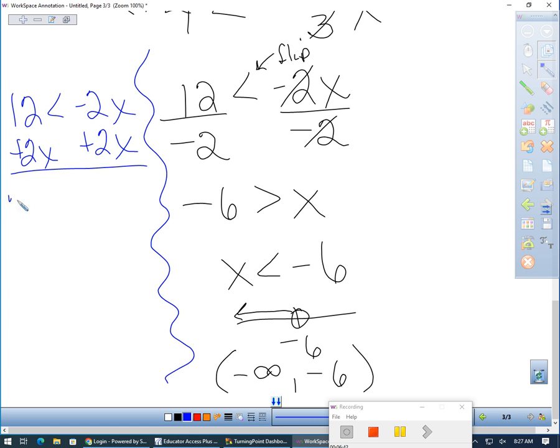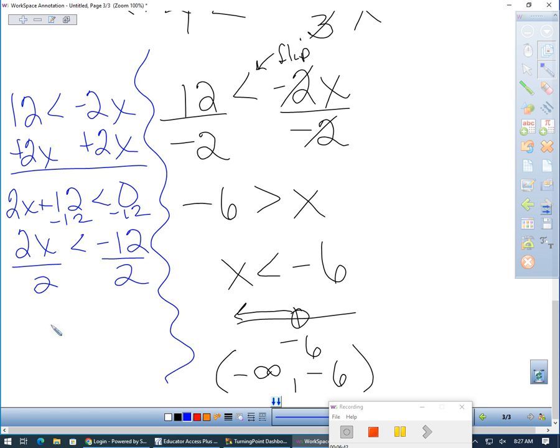If I did that, I'd have 2x plus 12 is less than 0. Do we agree with that? Then I could really move my 12 to that side. So then I have 2x, oops, subtracting 12, sorry, my bad. So I have 2x is less than negative 12. And then, to get x by itself, I divide by 2. I get x is less than negative 6.